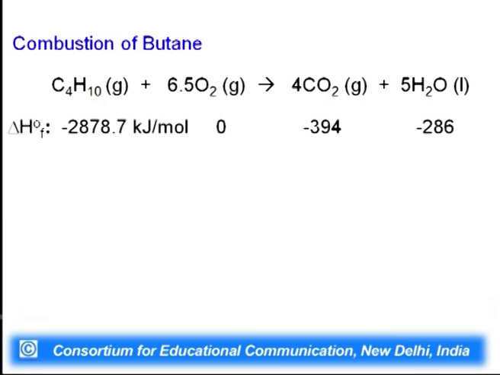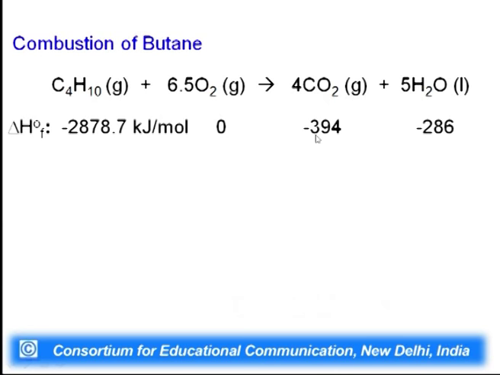So for C4H10, we know that delta H is 2878.7 kilojoule per mole. Oxygen, since it is in the most stable state, its delta H formation is going to be 0.